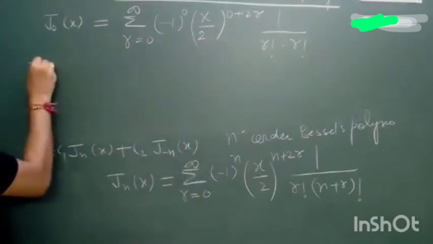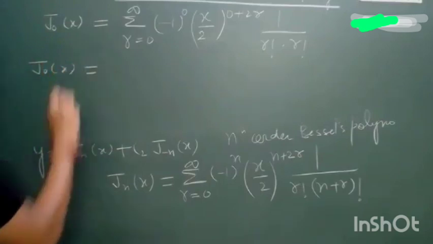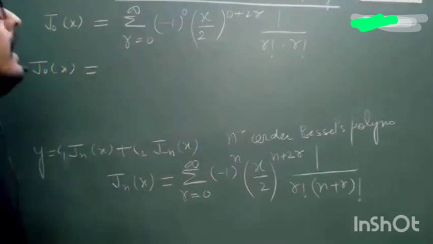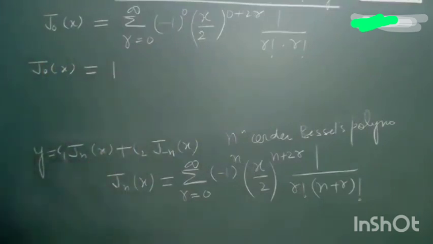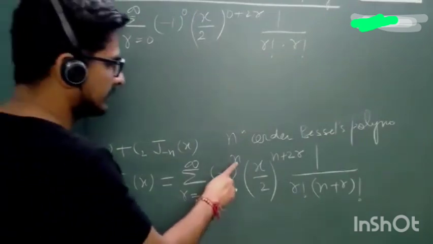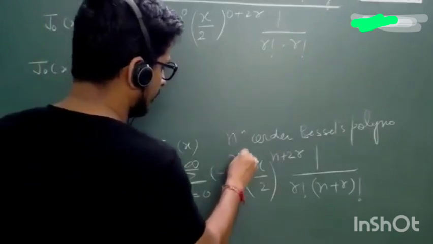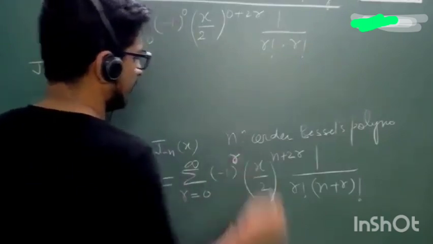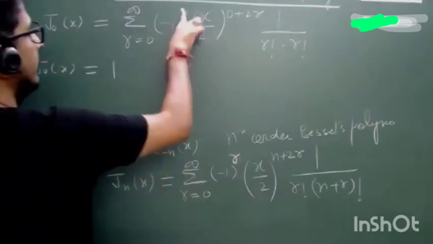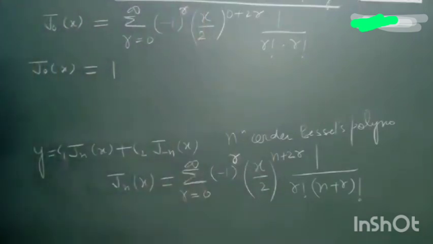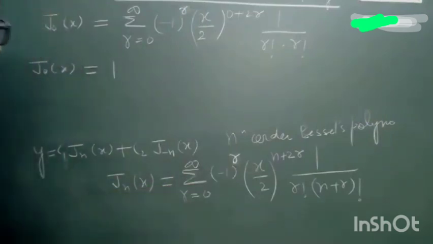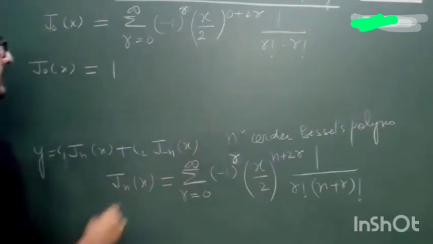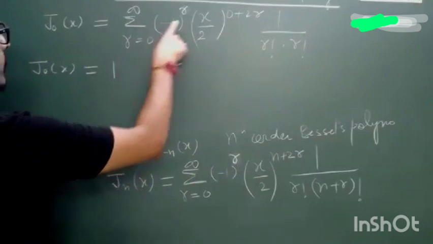So what will be the value of J0 now? The first term when r is equal to 0 will be equal to 1. Please correct this: this is -1 to the power r, this will change the sign. So the first term will become 1, and what is the second term when r is equal to 1?